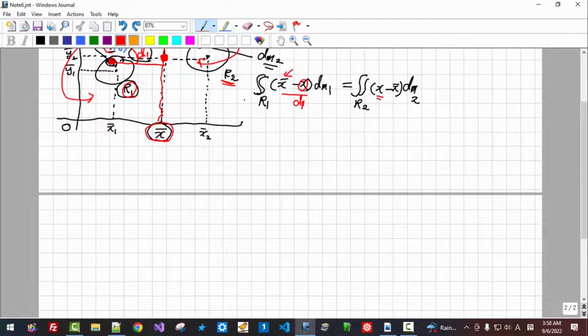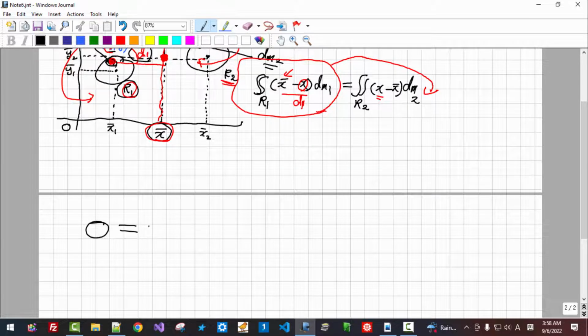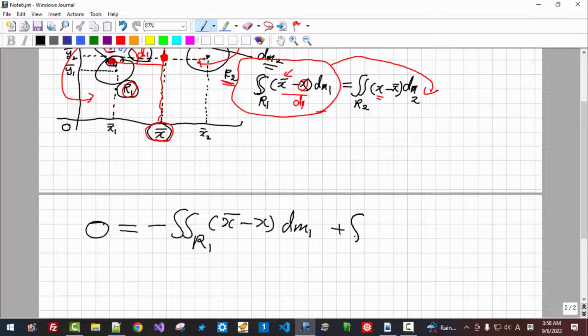Now we move the left side to the right side, then it becomes 0 equals minus the integral over R1 of (x bar minus x) dm1 plus the integral over R2 of (x minus x bar) dm2.